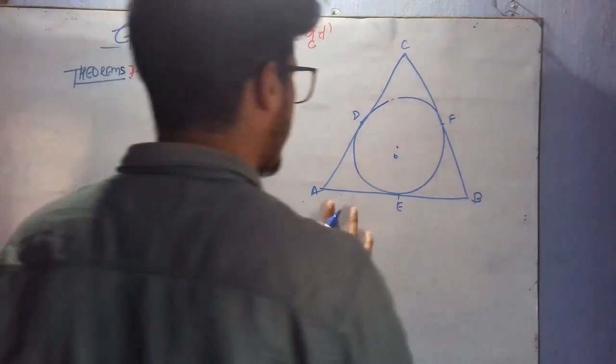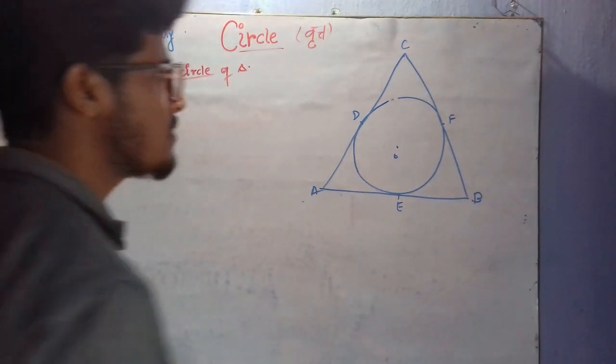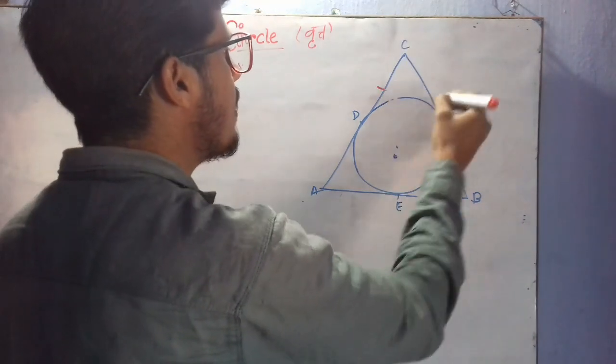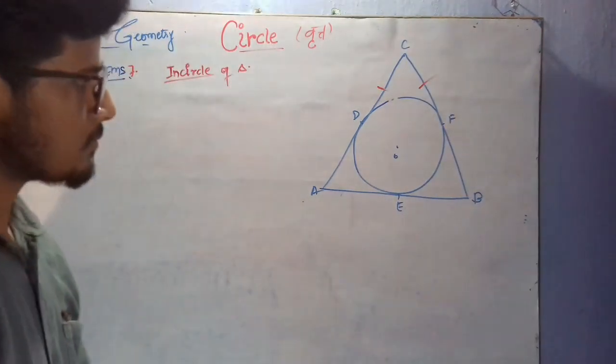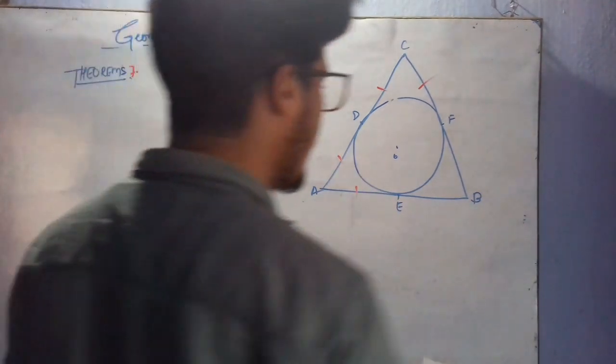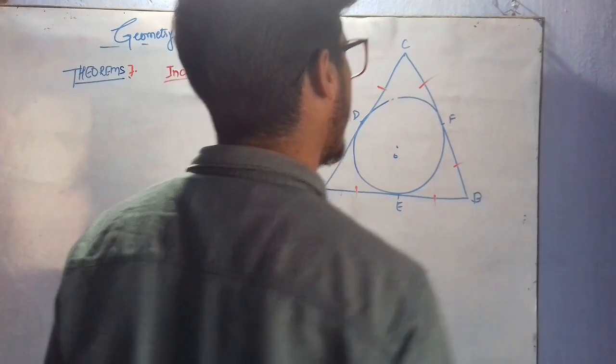So from this theorem we will get an equation, and the equation is that CD will equal to CF, AD will equal to AE, and EB will equal to FB.